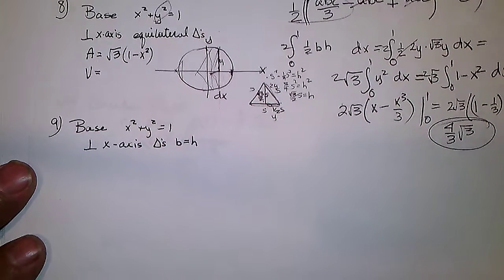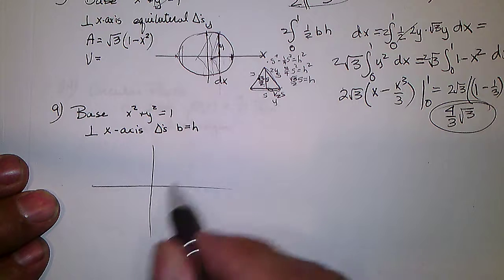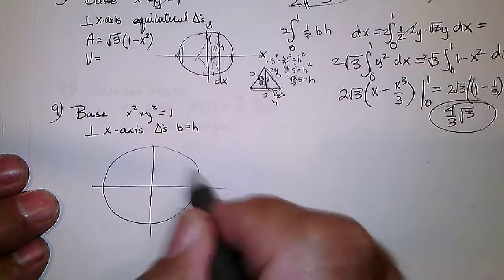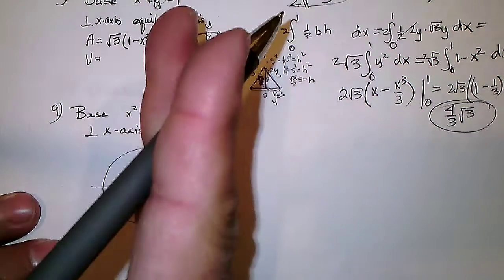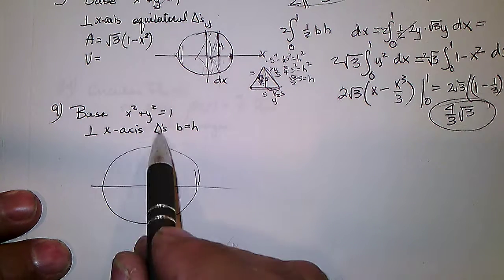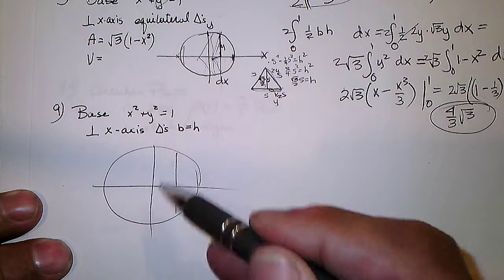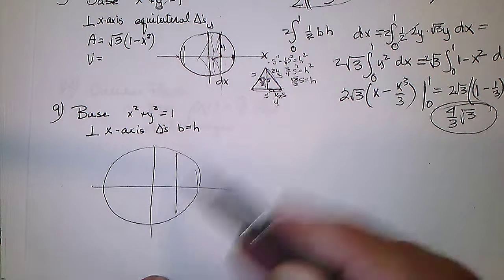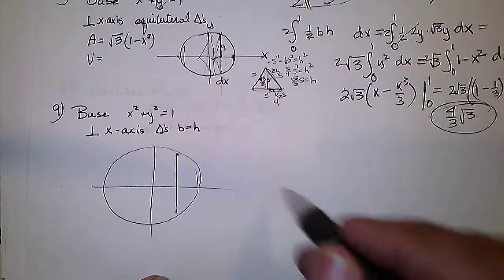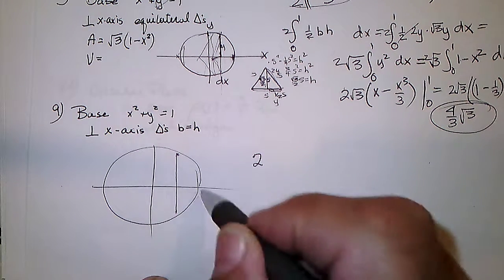Okay, 9. Same base, a little different cross section when I slice it this way. This time I get triangles where the base is the same as the height. Since we've done this already once, we have a pretty good idea here. It's going to be 2 of them going from here to here.